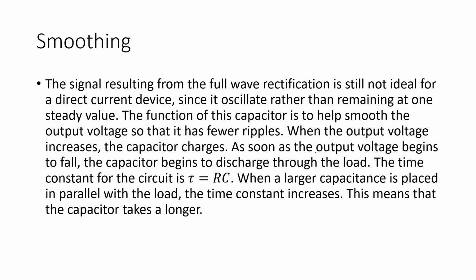Rather than using the graph, remember that a capacitor discharging graph looks like this. We have voltage and we have time. A typical discharging capacitor graph looks like this, so you start off with an initial amount of charge, 100%.